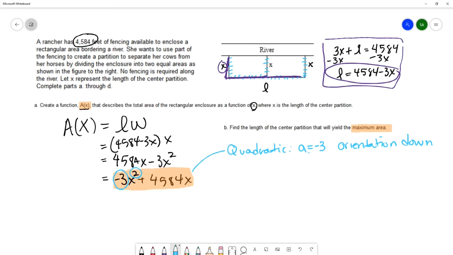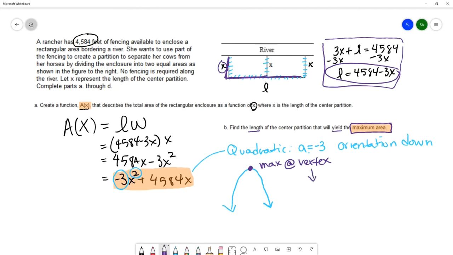And when we have a parabola oriented down, we can tell that the maximum value will occur at the vertex. So I'm going to be able to answer this question about finding the length that yields the maximum area by finding the vertex of this quadratic.